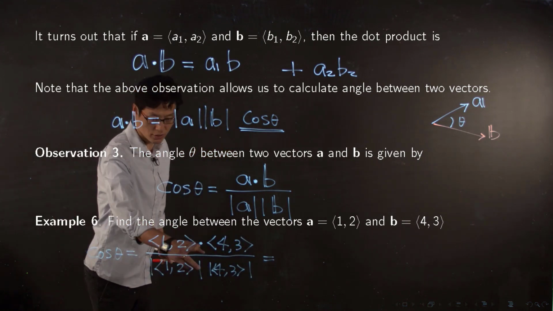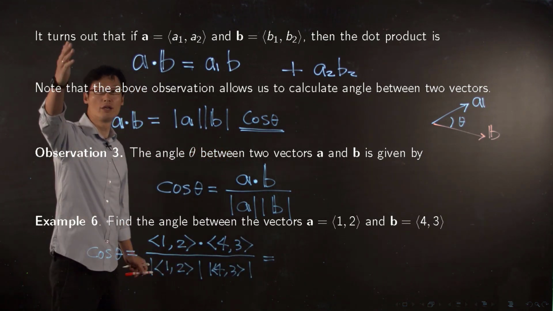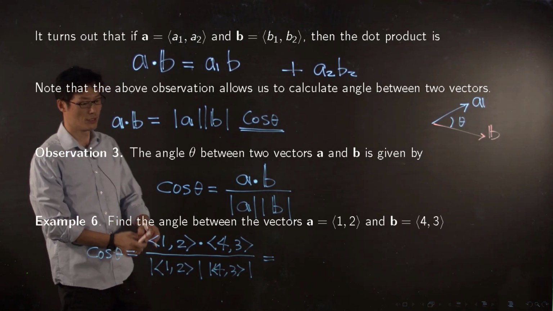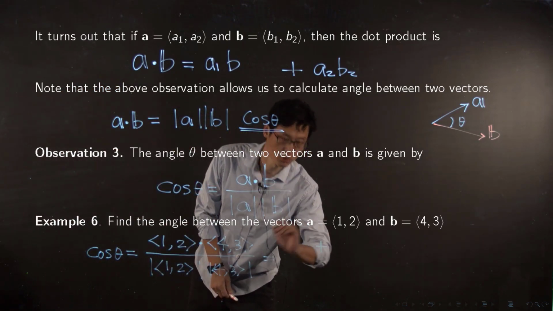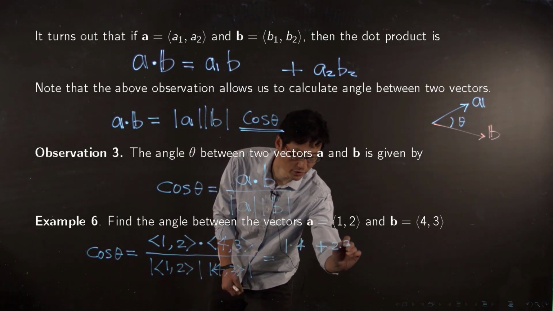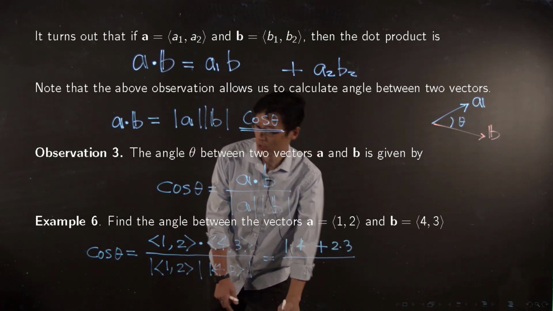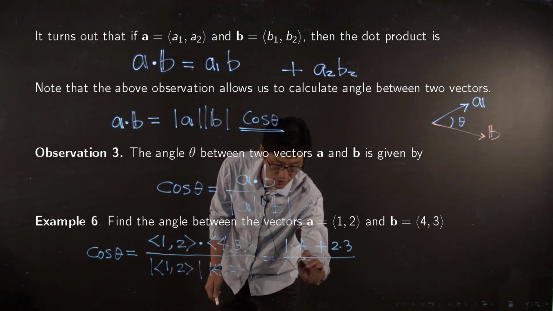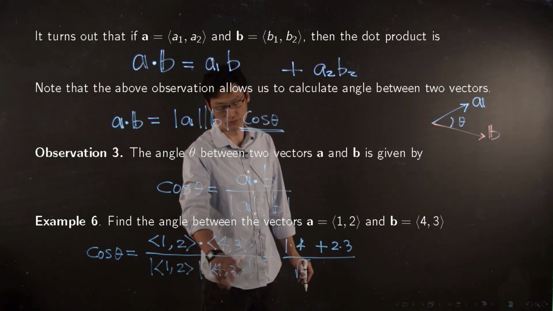For this dot product, we use the alternative way to calculate it. So the sum of component-wise products, 1 times 4, 2 times 3, over the magnitudes. The magnitude of the first vector is square root 5, and the magnitude of this vector is 5.